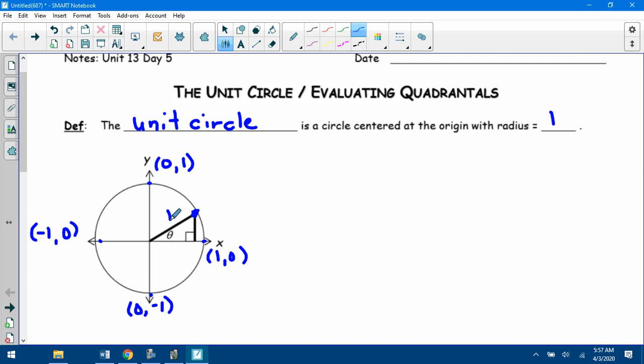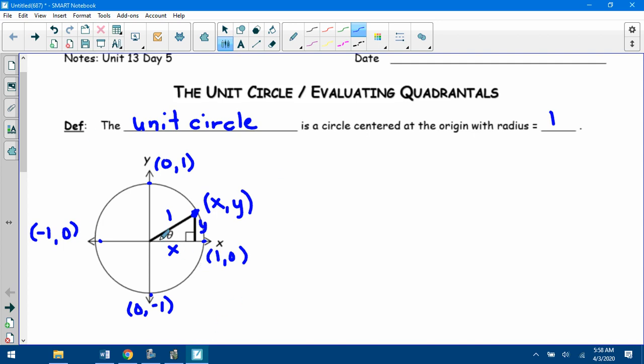Now this is some random point on the circle. I'm going to call it (x, y). So for the other sides of the triangle, if this is the point (x, y), then I'm going over x, so this is x down here, and I'm going up y, so this is y over here. And this is just some random angle theta. I drew it in the first quadrant, but it could be drawn anywhere.